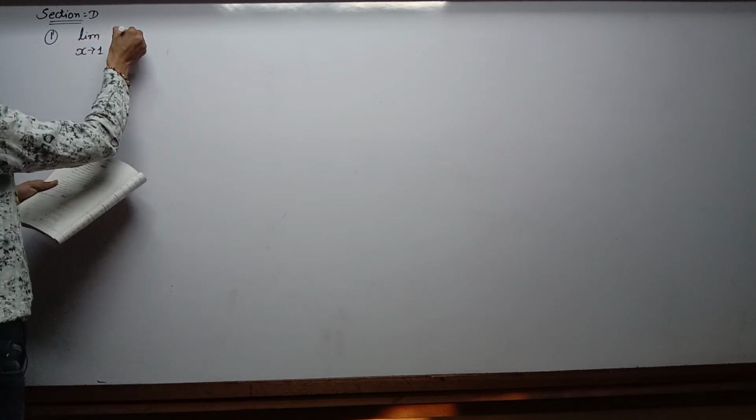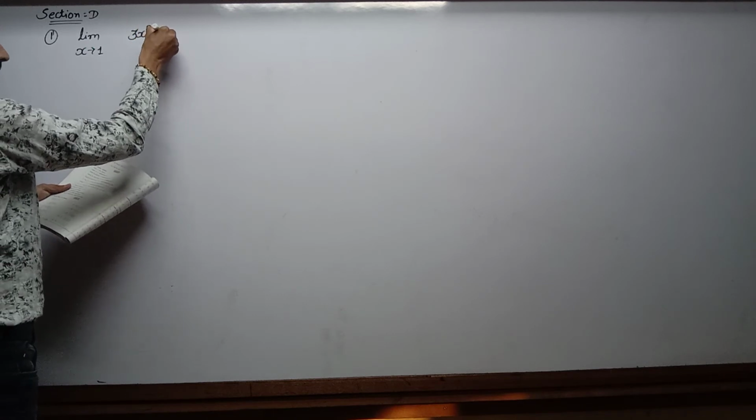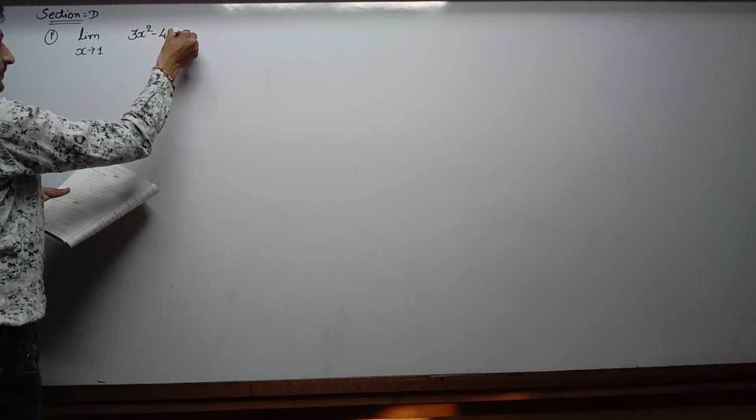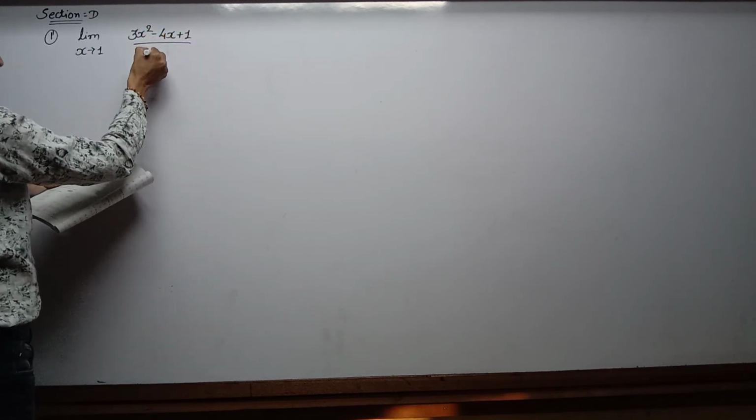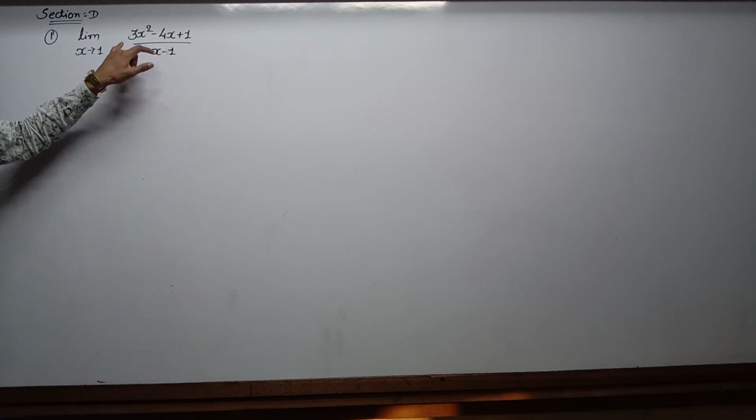First question, limit x tends to 1, 3x square minus 4x plus 1 divided by x minus 1. So first numerator check it, factors possible here.